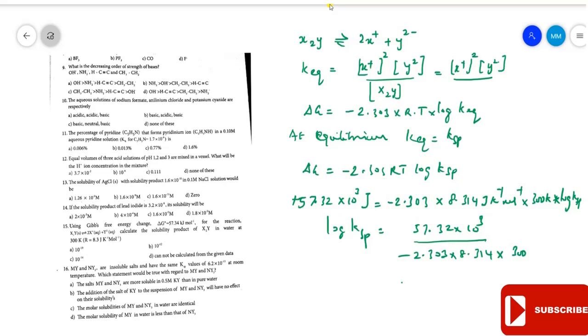Okay, this 300 and 8.314 value will be 22.4 approximately. So 57.32 into 10 power 3 divided by minus 2.303 into 22.4. So it is a correlation value. So 22.4 and 2.303, this will be 57.